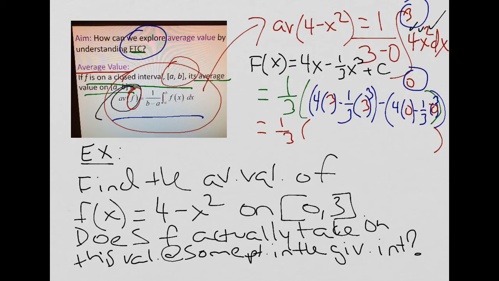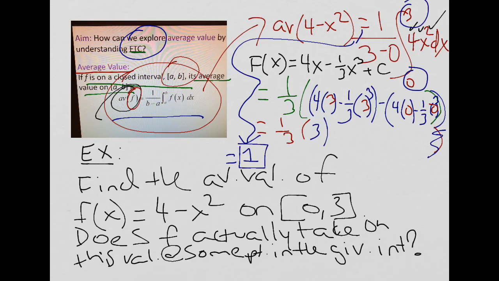But because that's just 0, I don't have to write it, and I can eliminate that parentheses all the way at the end here. My final answer for the average value: we're getting 1/3 of 3, which is 1. Okay? So that's the answer for the first part.